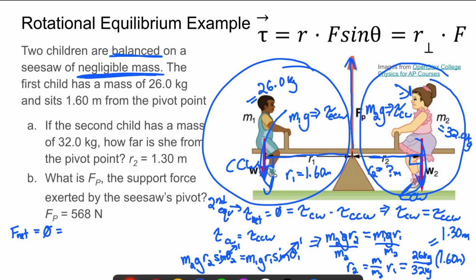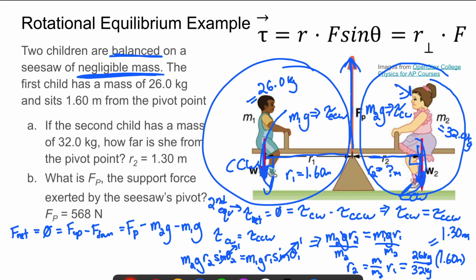In this case, we can think about F up minus F down. Our one upward force is the force of the pivot, so that's FP, minus the two forces going downward, right? The weight of child 2, or m2g, and also going downward, so also subtracted from the force of the pivot, is the weight of our first child, m1 times g, right?